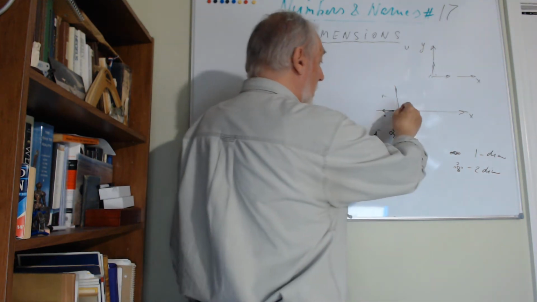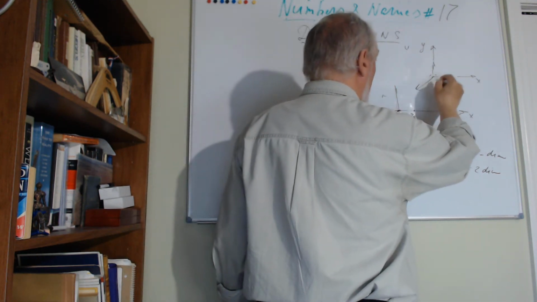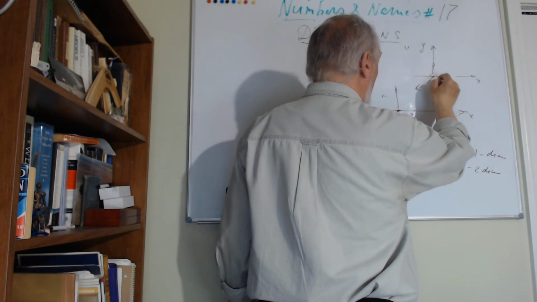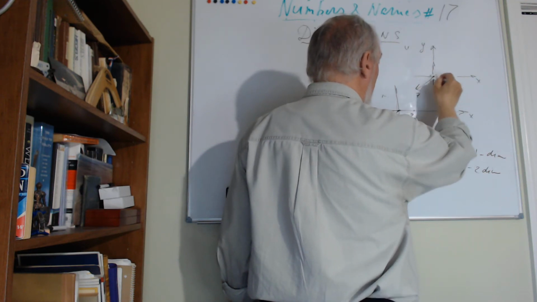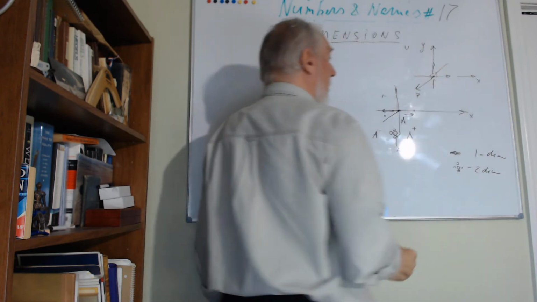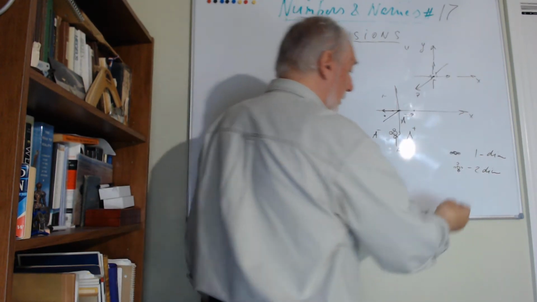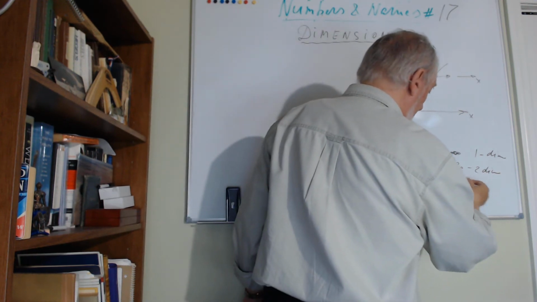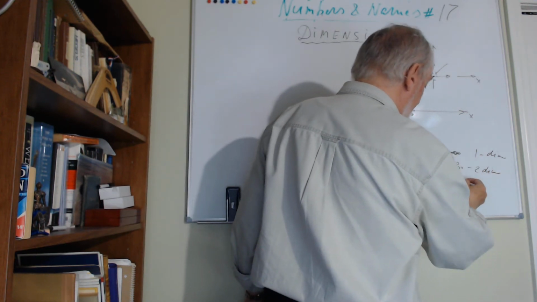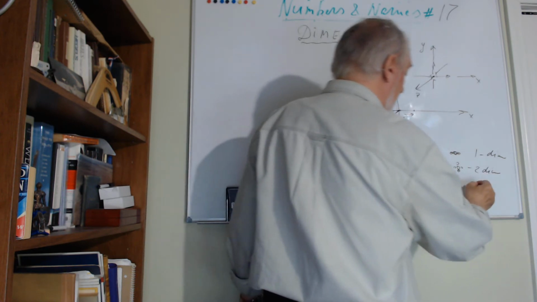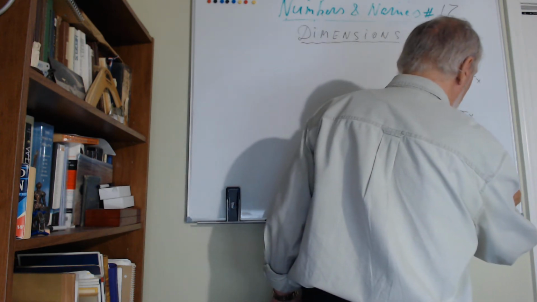If you have more, like here, you have left, right, up, down, and here on the Z, here and here. You have points here and here. So two more. So if you have 1, 2, 3, 4, 6 neighbors, 6 closest neighbors, this is called three dimensions.